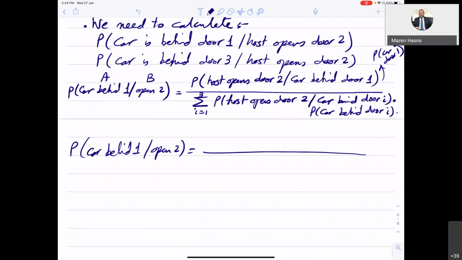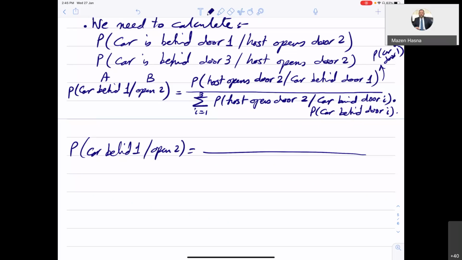Imagine the scenario now. We are conditioning. We know that the car is behind door 1. So the host will open door 2 or door 3. What's the chance that he will open door 2? What's the chance that he will open door 3? Anyone? 50%. Right? He has two doors to open, and the host knows where the car is.